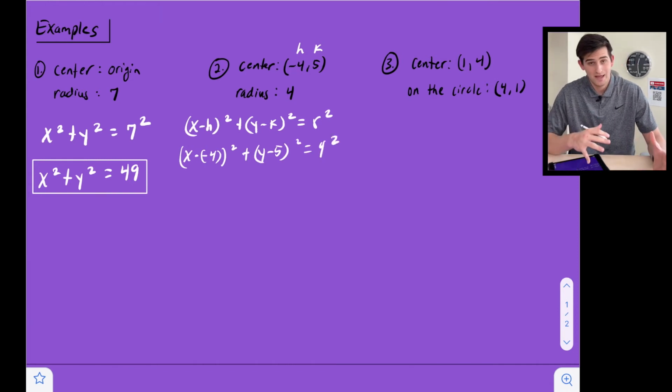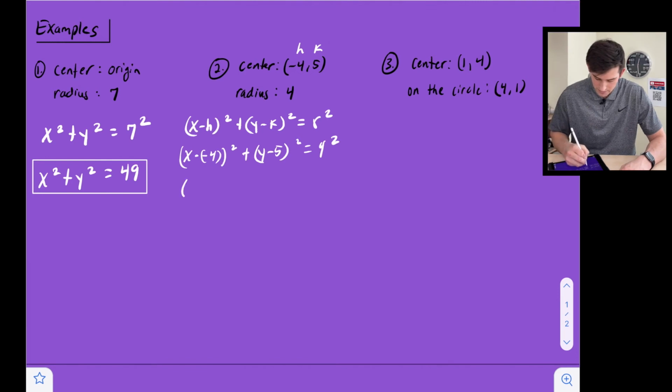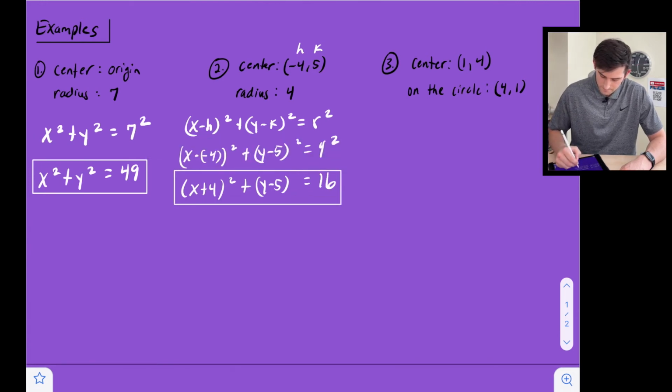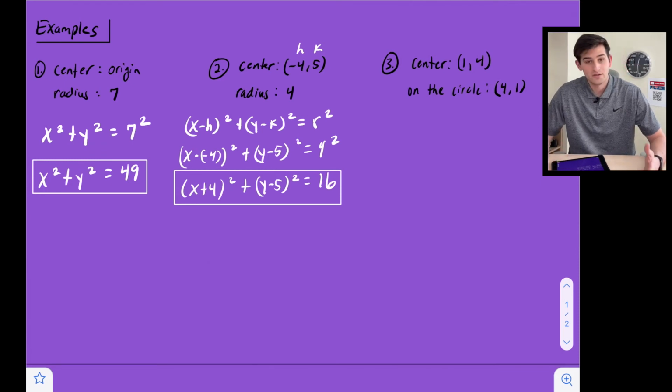Now over here with x, minus a negative becomes plus. So this becomes x plus 4 quantity squared. This stays as y minus 5 quantity squared. And 4 squared is 16. So that would be our final equation for number 2. Let me fix that to look a little bit better. There we go.